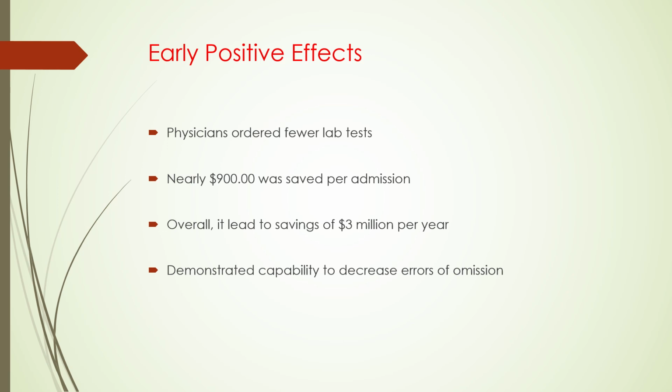Overall, it saved $3 million per year, demonstrated capability to decrease errors of omission, etc. So when this successfully tested and implemented computer-based decision support system was put into place, they saw some positive effects which helped them come up with better or more decision support from computers.